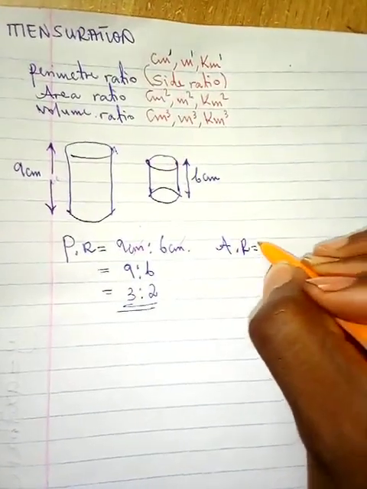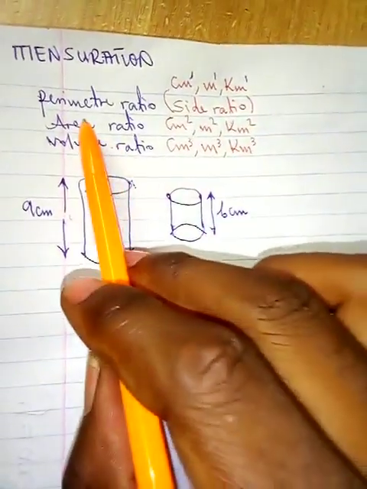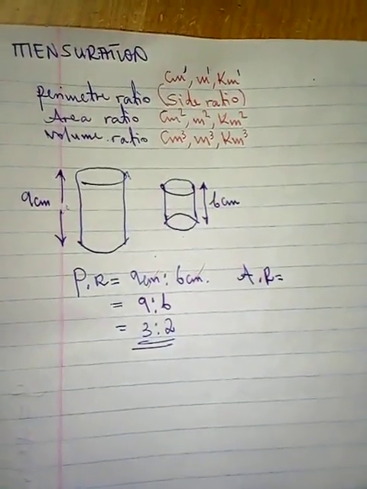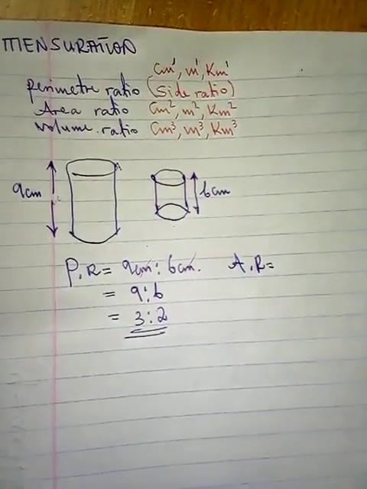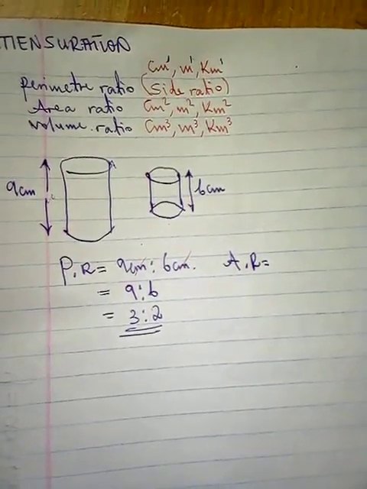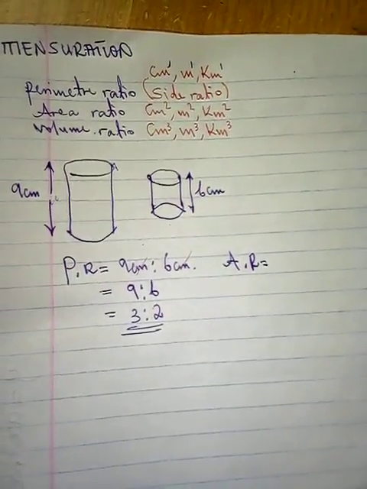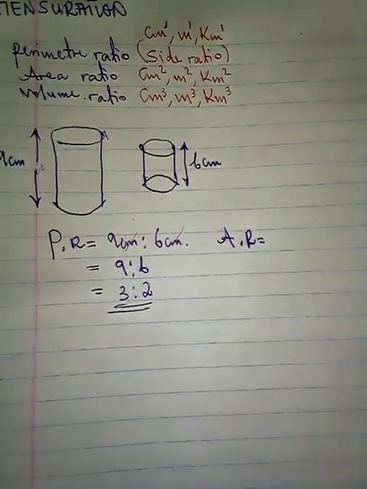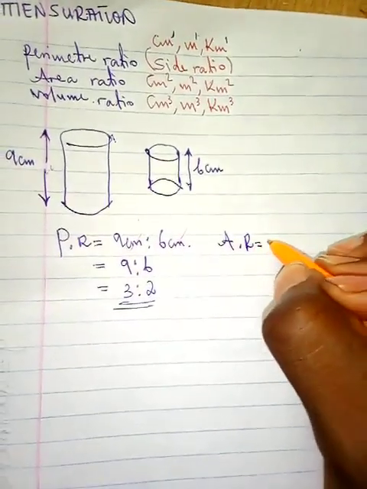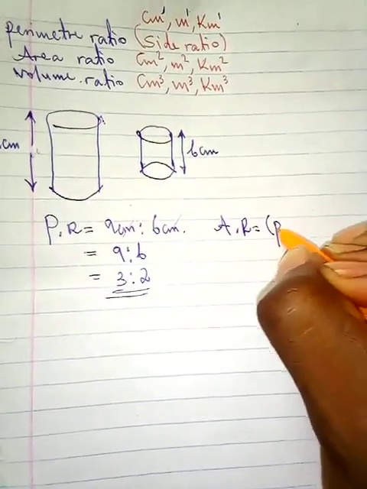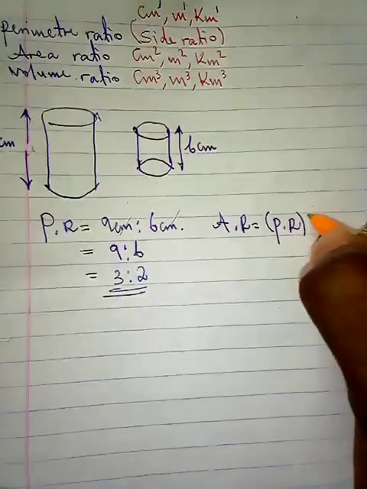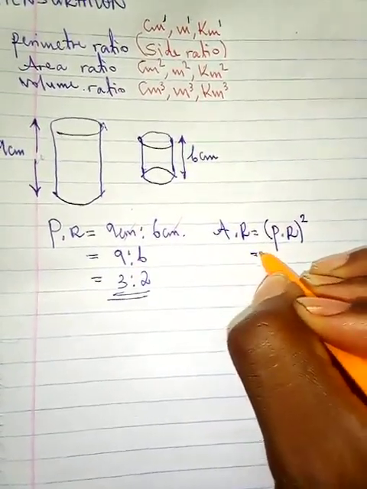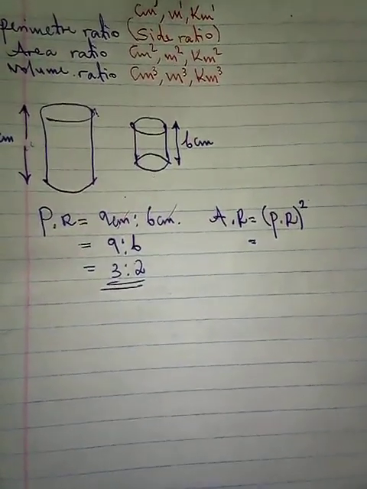When we were looking at the units for area, they were centimeters squared, meters squared, kilometers squared. There was that squared part, right? So your area ratio is simply your perimeter ratio squared.